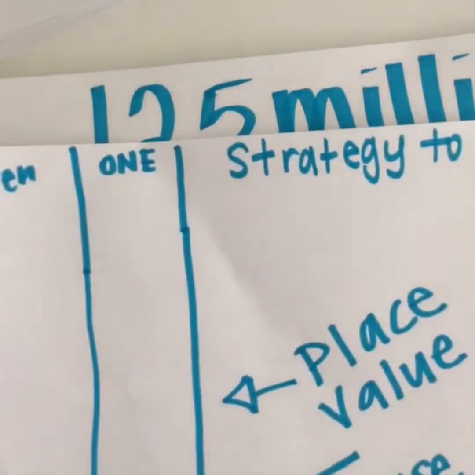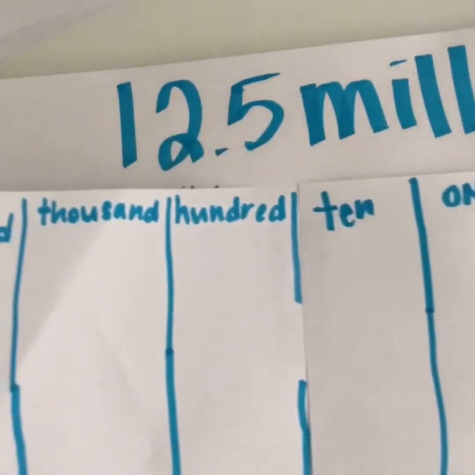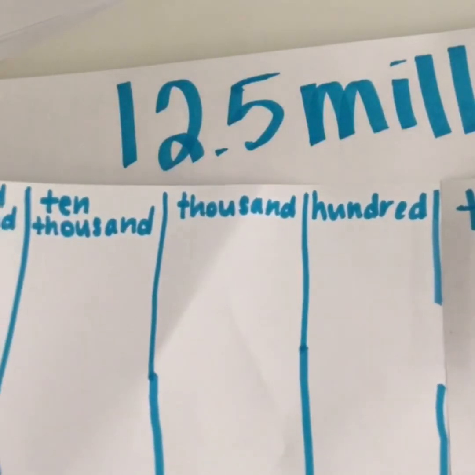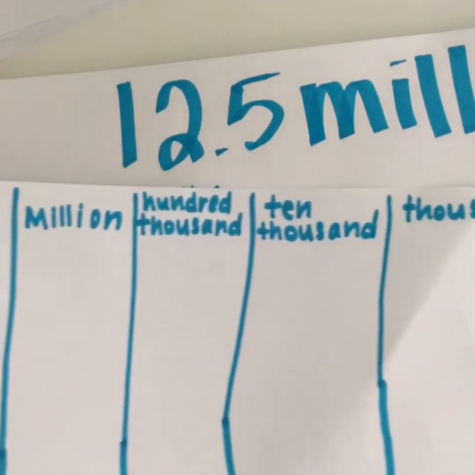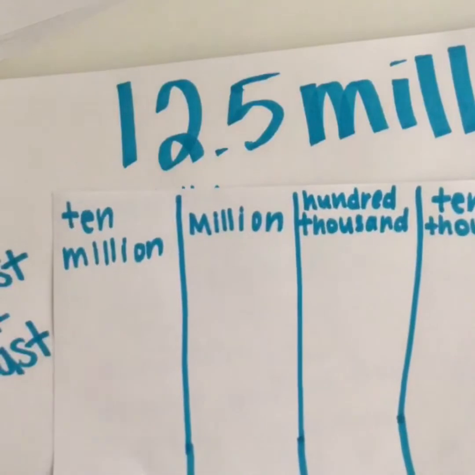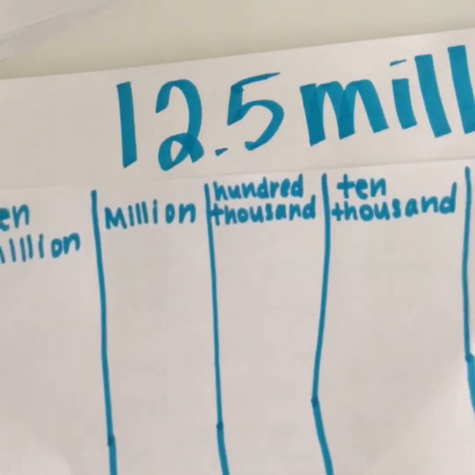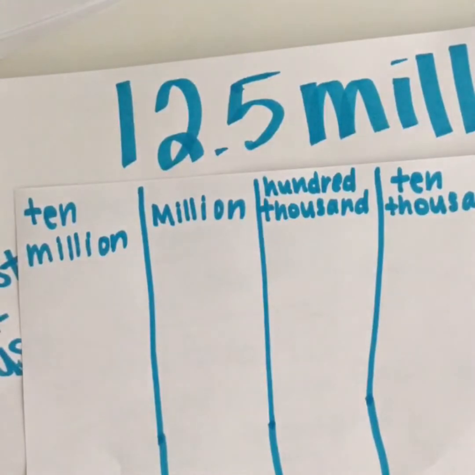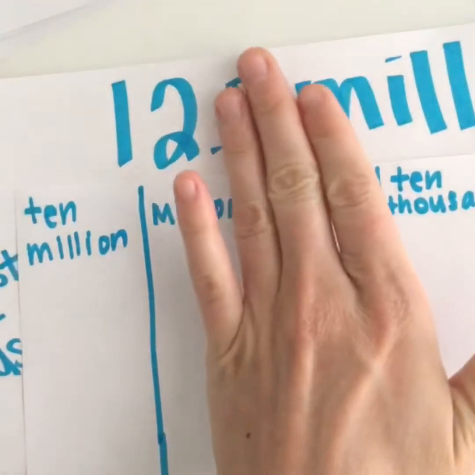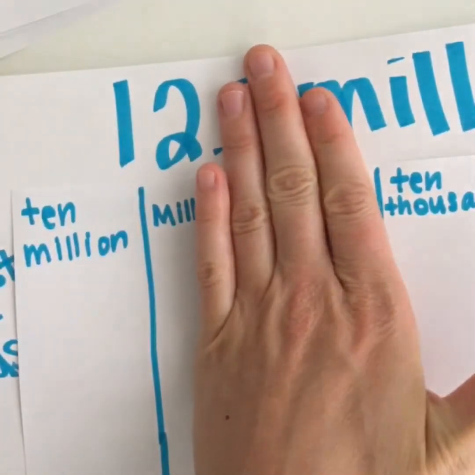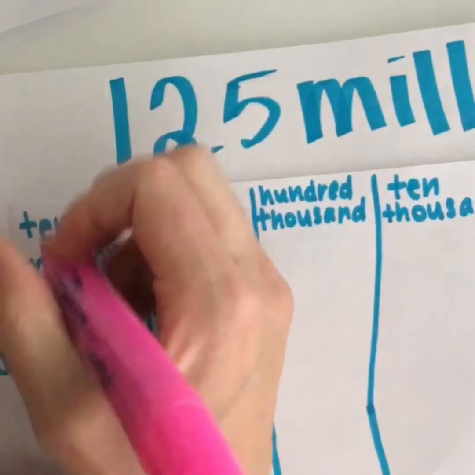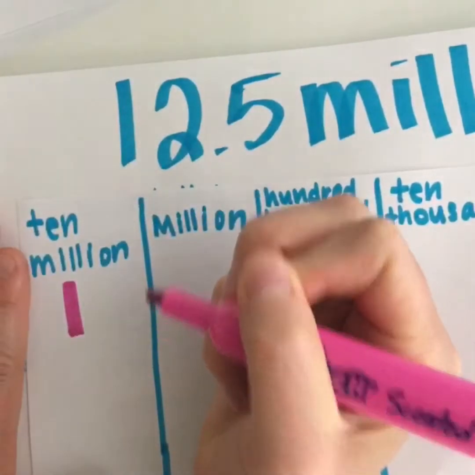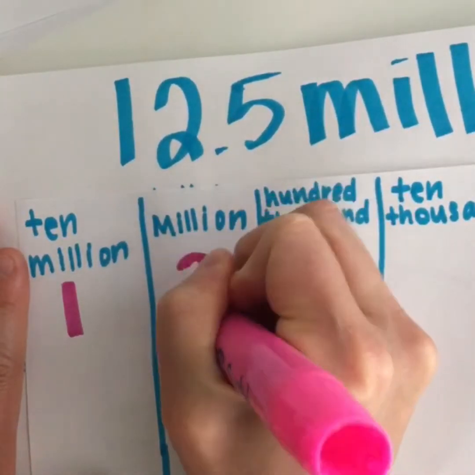So I have my ones place in my chart, my tens, my 100, my 1,000, my 10,000, 100,000, million, and 10 million. Okay, so I know my number is 12 million. So if I just think about it as 12 million and I ignore the half, I know that the 1 is in the 10 millions place and the 2 is in the millions place.